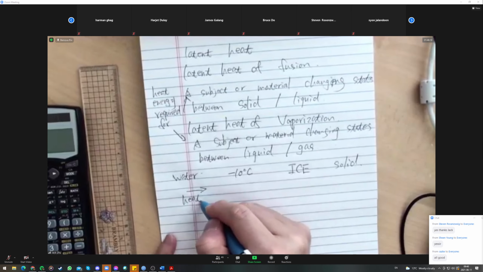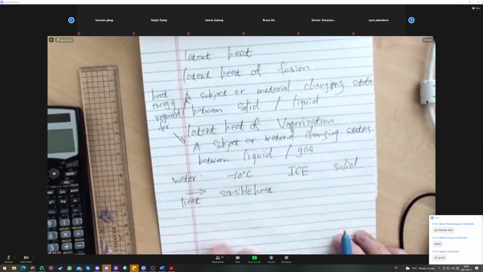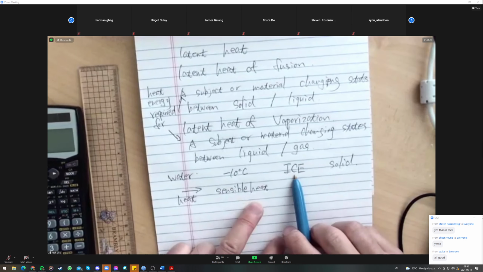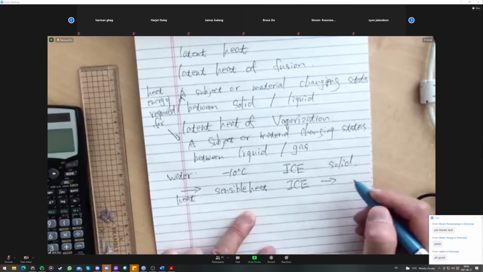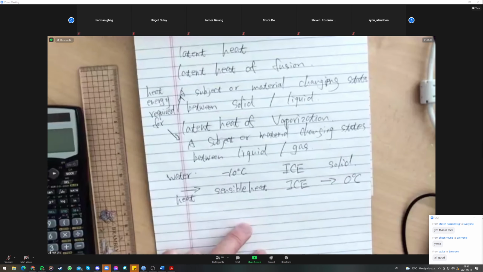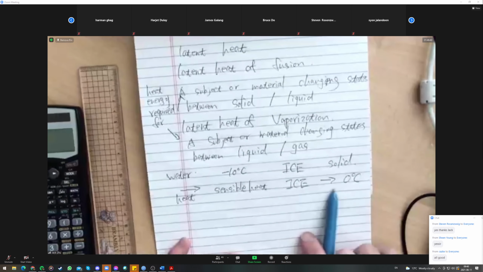That heat is considered sensible heat. The sensible heat makes the ice temperature increase to 0 degrees.